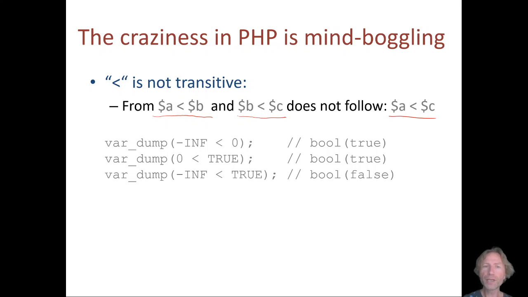For instance, here's an example where we have minus infinity being less than 0. This is true. Okay. 0 being less than true, also true. But minus infinity being less than true is actually false. Okay. How insane is that?